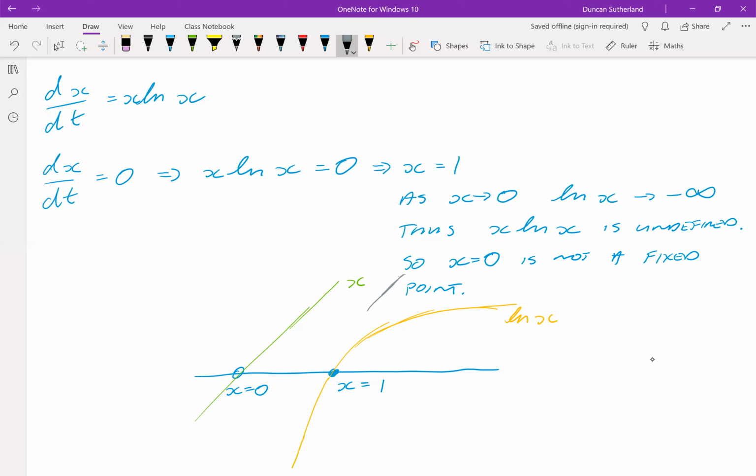Down near x approximately equal to 1, it's going to look like the log. So we're going to go like that. Near x = 1, we're going to look like log. However, out here where x gets really, really small and log x gets really, really big, what kind of wins?